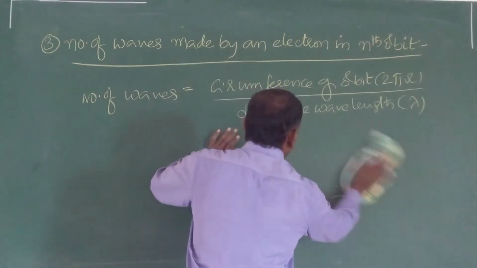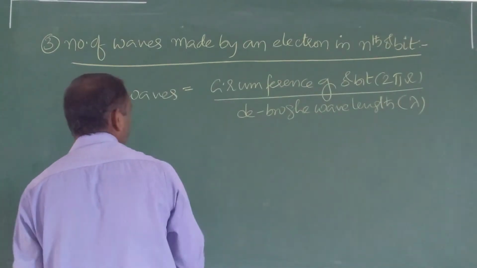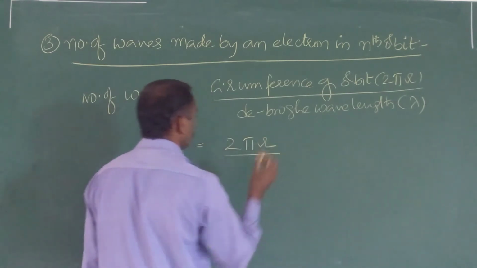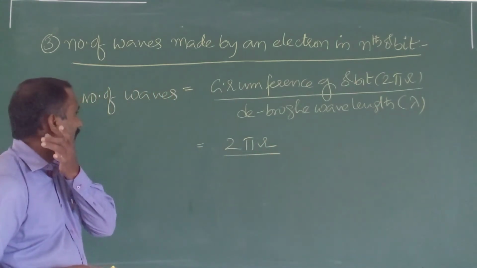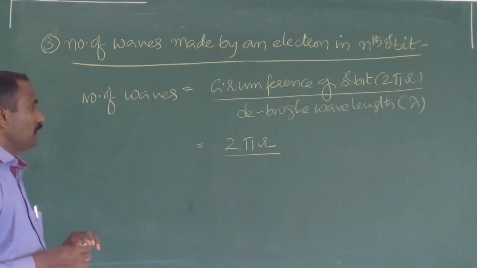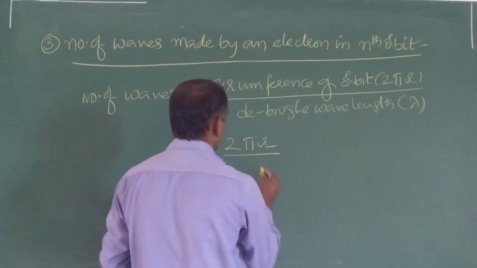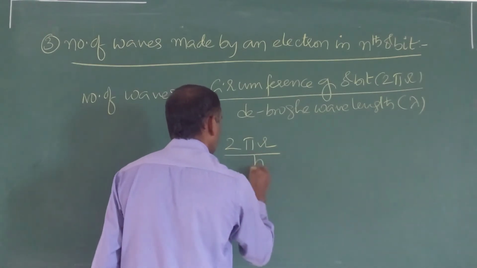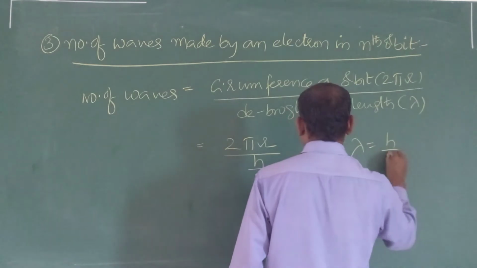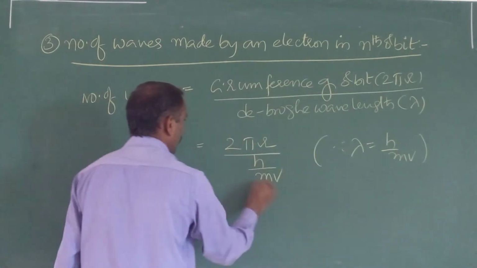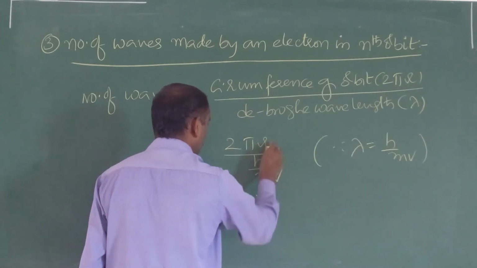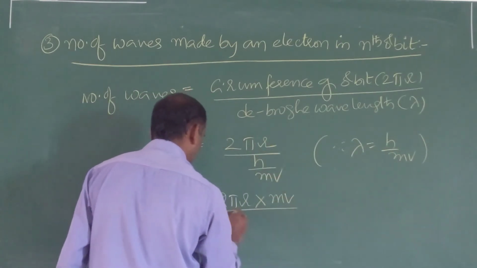So lastly, one shortcut formula will come that we should remember. Circumference 2 pi r by de Broglie wavelength. What is the de Broglie wavelength? h by mv. Since de Broglie wavelength lambda equal to h by mv, n equals 2 pi r into mv by h.